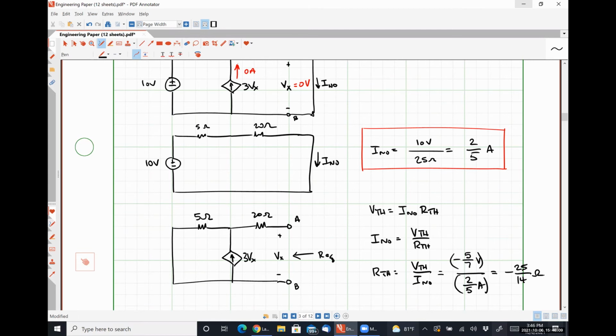So as the voltage got more and more positive, the current got more and more positive. So all a negative resistance means is as the voltage gets more and more positive, the current gets more and more negative.